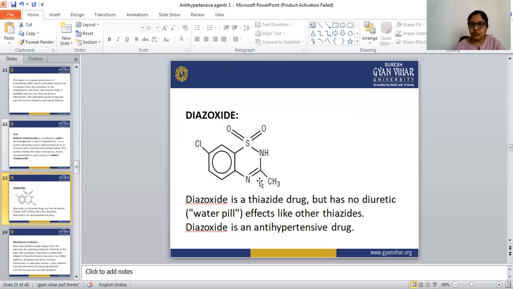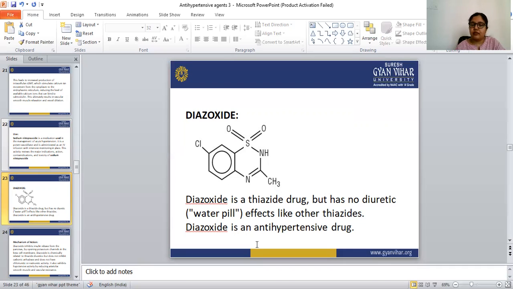In diazoxide there is no sulfonamide group, and no chloride group at the sixth position. There is a chloride group at the seventh position, but that doesn't show diuretic activity. So diazoxide is a thiazide drug but has no diuretic activity like other thiazides, because it doesn't have the sulfonamide group or the chloride group at the sixth position.